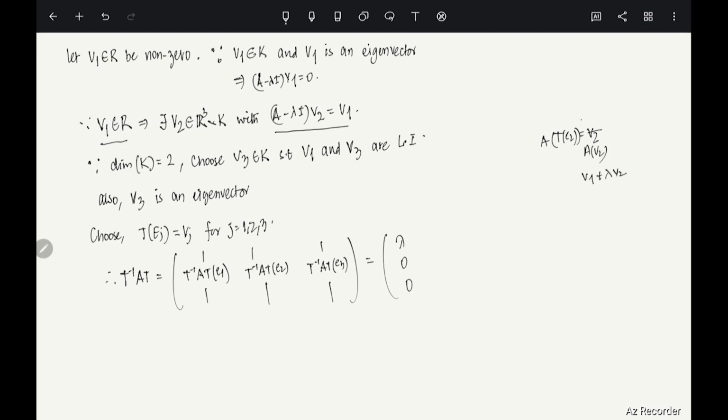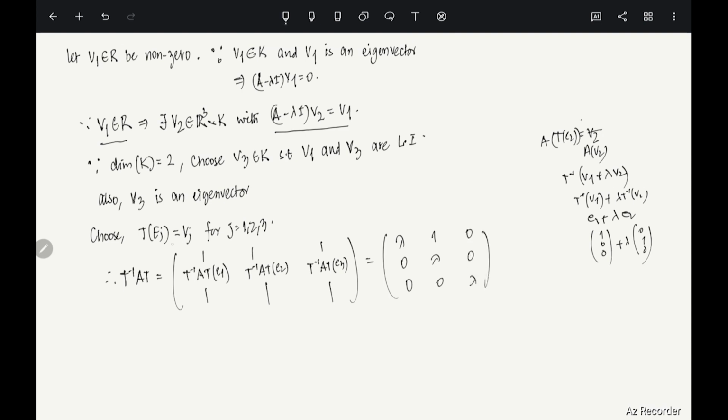Now T inverse of V1 plus lambda V2 is T inverse of V1 plus lambda times T inverse of V2, which is E1 plus lambda times E2. So it is 1, 0, 0 plus lambda times 0, 1, 0, which gives 1, lambda and 0. Clear? Similarly, the last one becomes 0, 0, lambda.